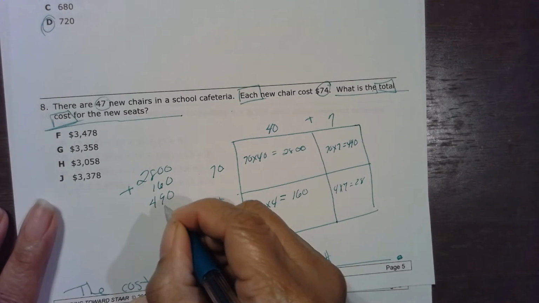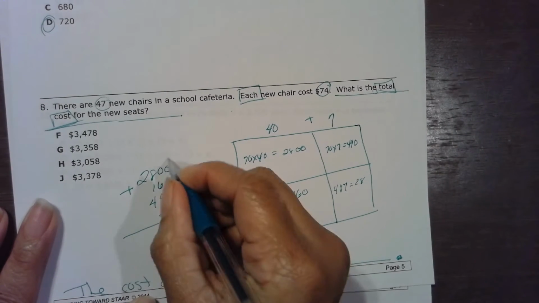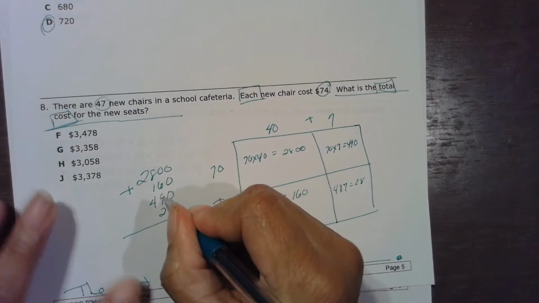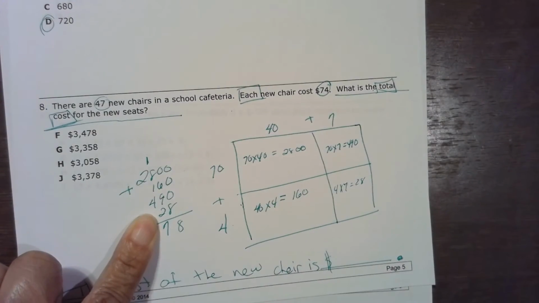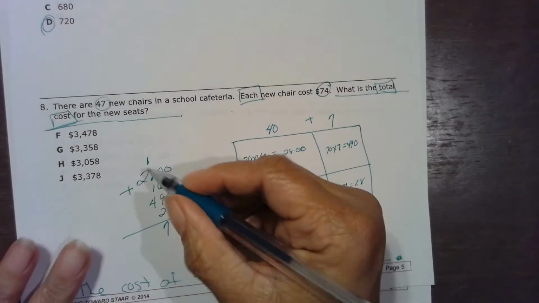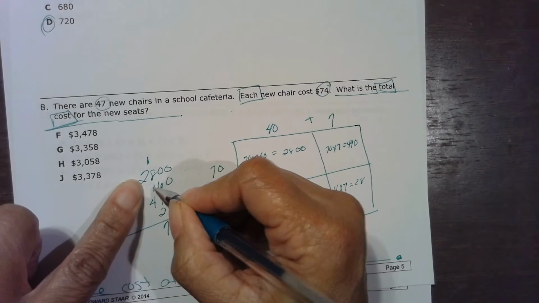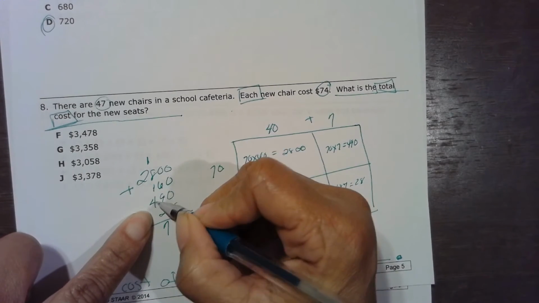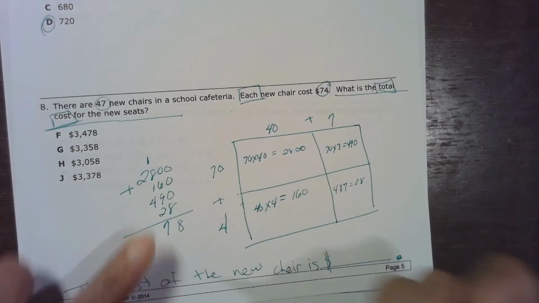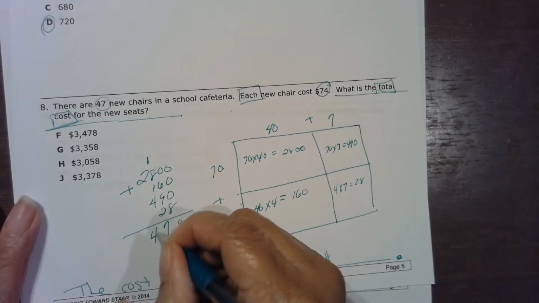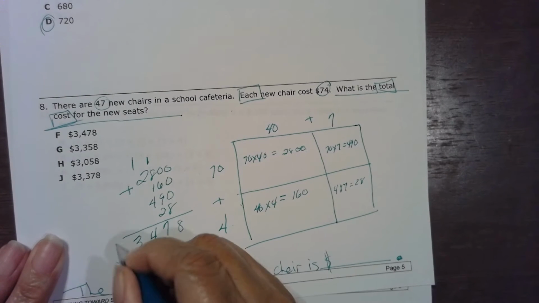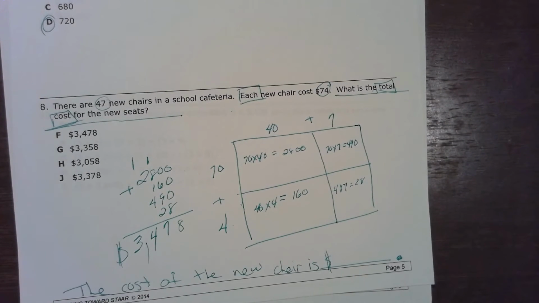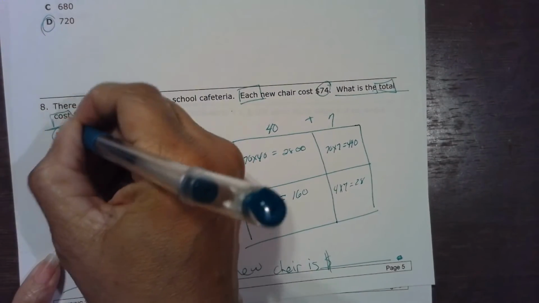All of our products, I should say. 8, 6 plus 9 is 15, plus 2 is 17. Carry the 1. 1 plus 8 is 9, plus 1 is 10, plus 4 is 14. Carry the 1. 1 plus 2 is 3. So we got that our chairs cost $3,478.